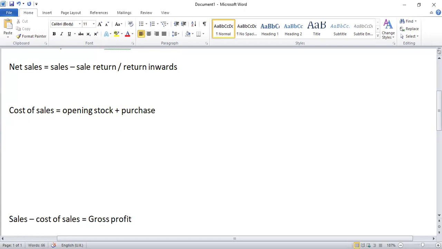Then from the purchases, you less the purchase return, which we also call return outward. Once you do this, you also less the closing stock. So to get the cost of sales, you take the opening stock, add the purchases, less the purchase return, then you less the closing stock.